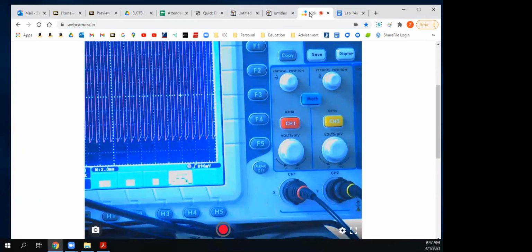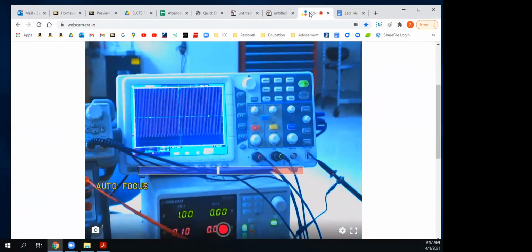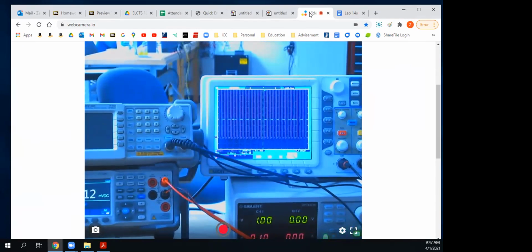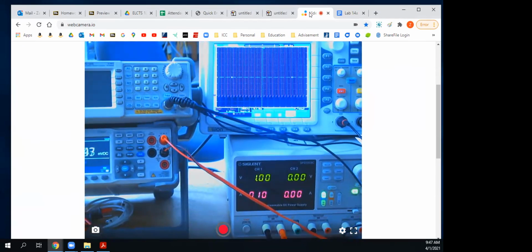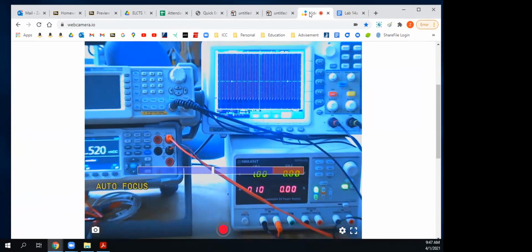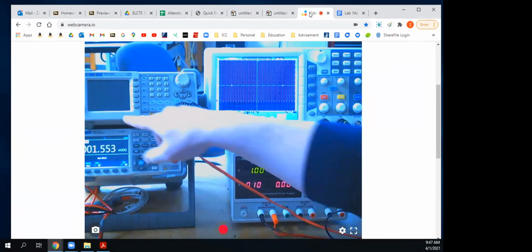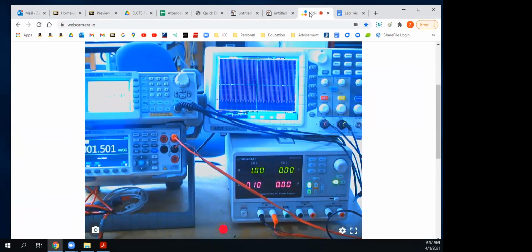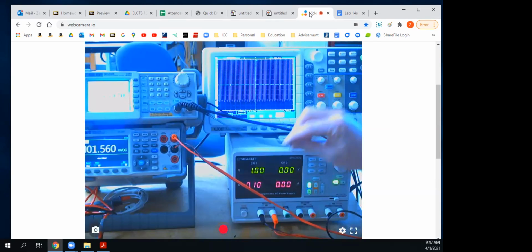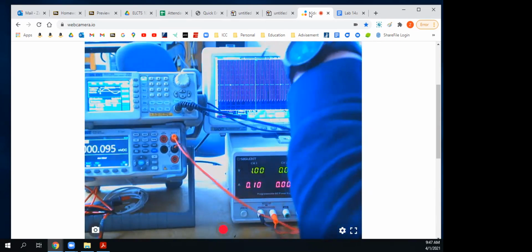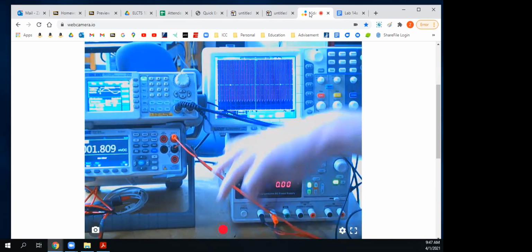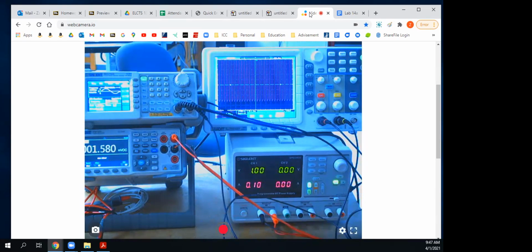This is your function generator. Turn that bad boy on. Now I'm just going to find my channel 1 probes here. What did you do? You just turned it on? Yeah. Hit it with a hammer.